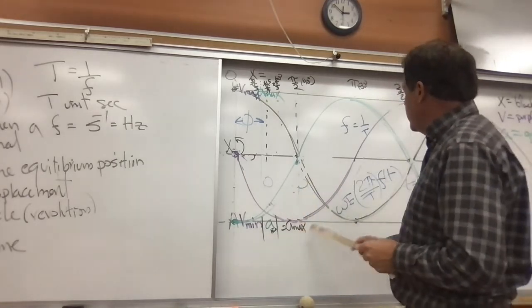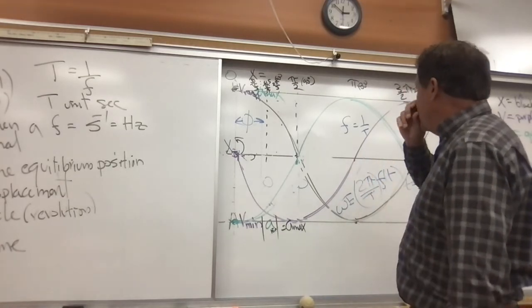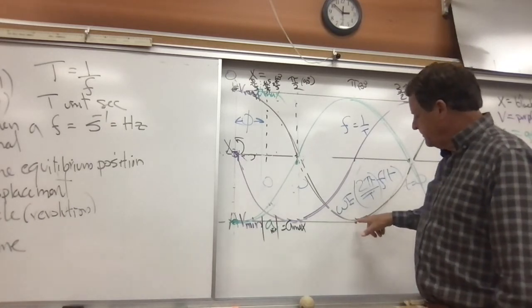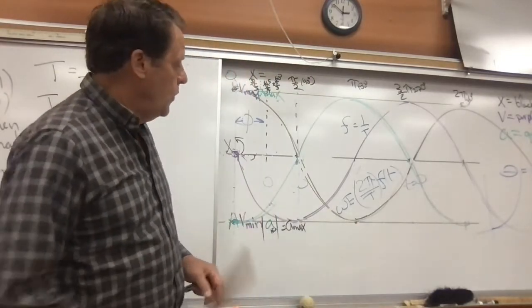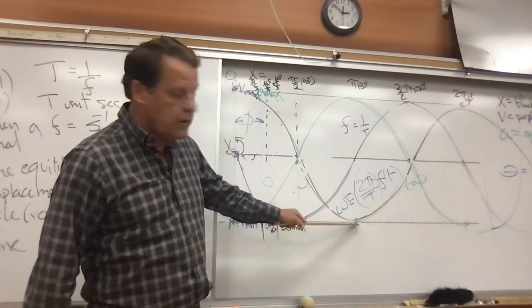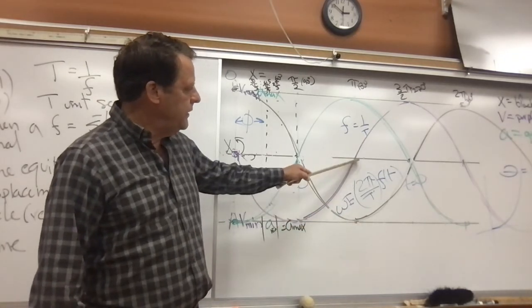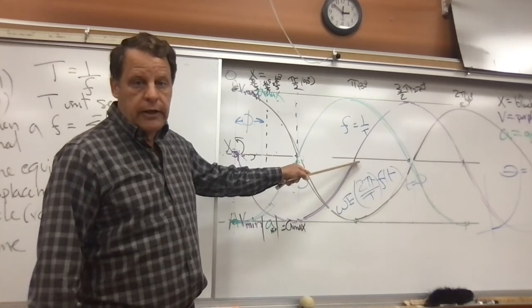All right, so now it's going to come back up. And when the oscillator, the mass, reaches the other amplitude, in this case the negative amplitude, we can see that the velocity is going to be 0. So that purple is going to be 0.